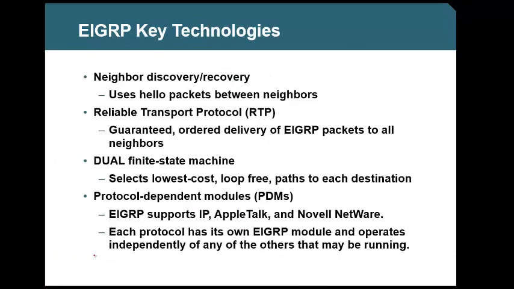Now EIGRP always discovers the neighbor. Neighbor discovery: you need not configure neighbors manually. EIGRP can dynamically discover the neighbor if the neighbor is in the same autonomous system.